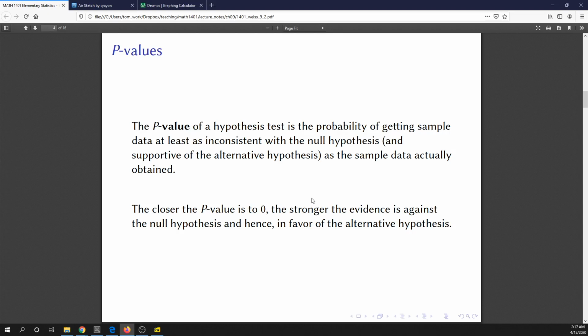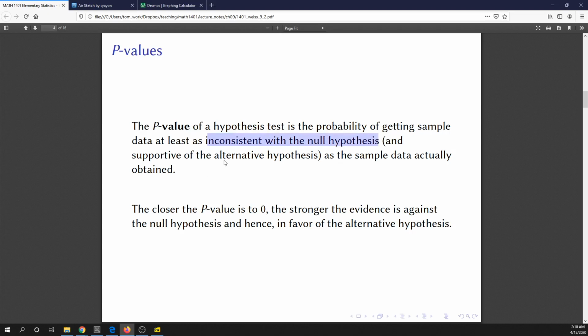On the other hand, maybe you take a sample and you get a sample mean that's a lot different from the population mean. That sample mean that's a lot different than the population mean would be inconsistent with the null hypothesis.